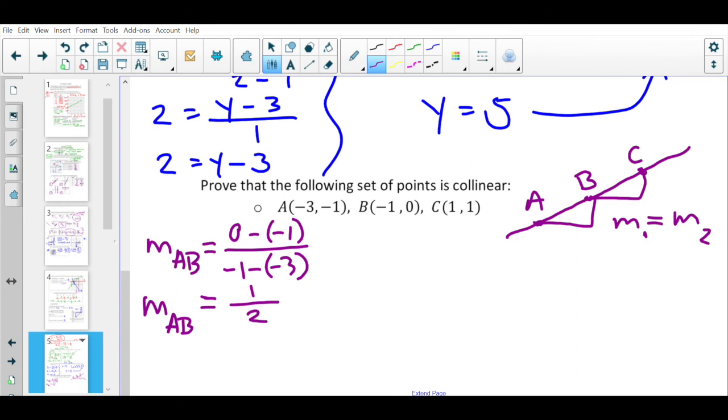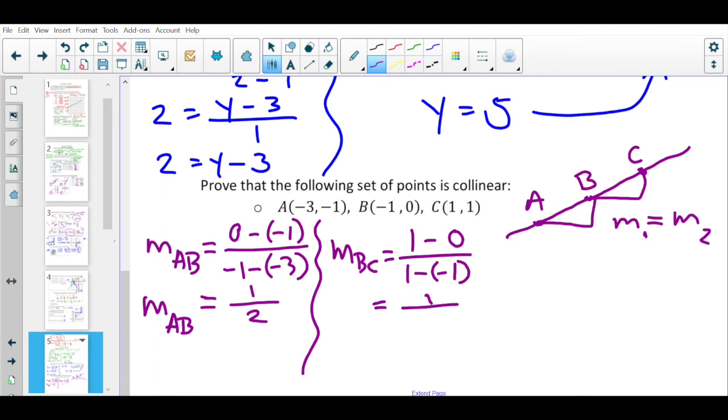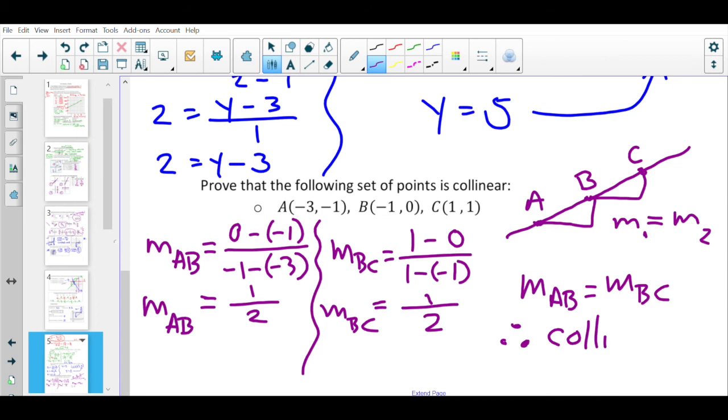So let's look at the slope of BC. That is 1 minus 0 over 1 minus negative 1. And that is 1 over 1 plus 1. That's 2. So slope of BC is 1/2. So we can say that slope of AB equals the slope of BC. Therefore, collinear.